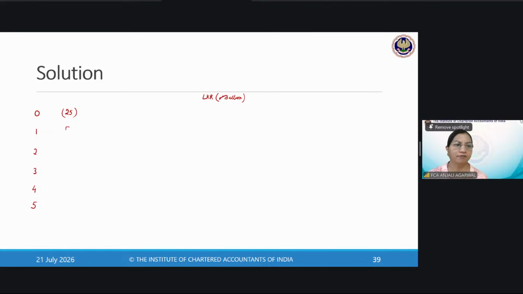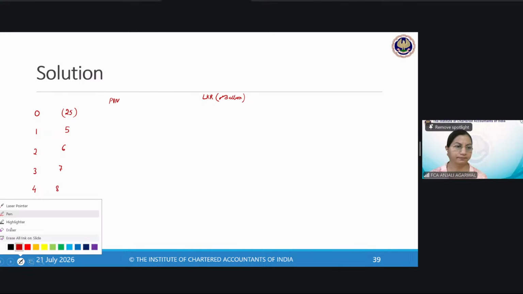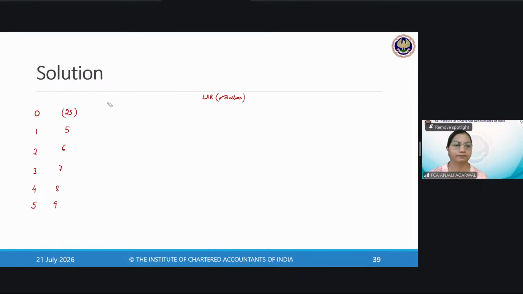Inflows are 5 billion, 6 billion, 7 billion, 8 billion, and 9 billion. So PVIF factors are given at 7%.